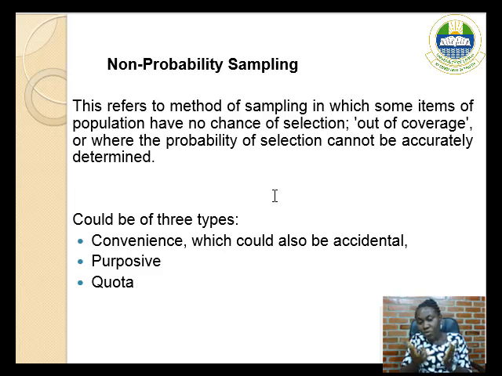It could be of three types: the convenient, which could also be called accidental, anything goes; the purposive; and the quota. Selection is not in a random manner, and it does not allow for estimation of sampling error.